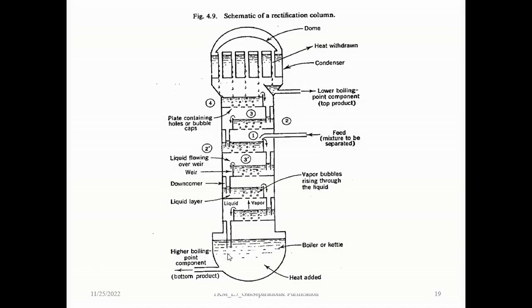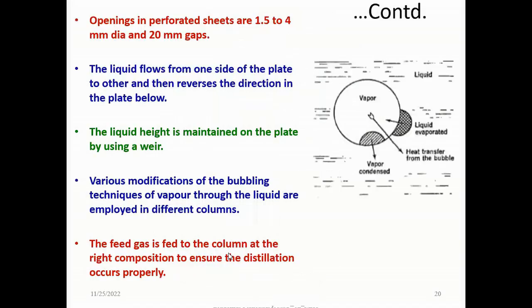Now openings in the perforated sheets are typically 1.5 to 4 millimeter diameter with 20 mm gaps, so that the liquid will be able to go down as well as vapor will be able to go upwards. The liquid flows from one side of the plate to the other and then reverses the direction on the plate below.